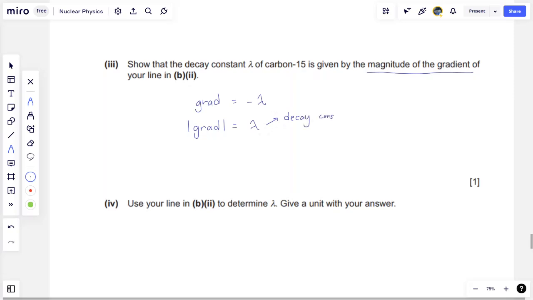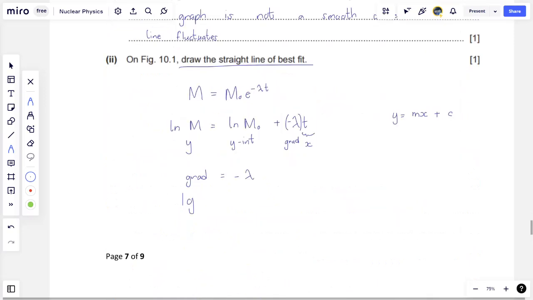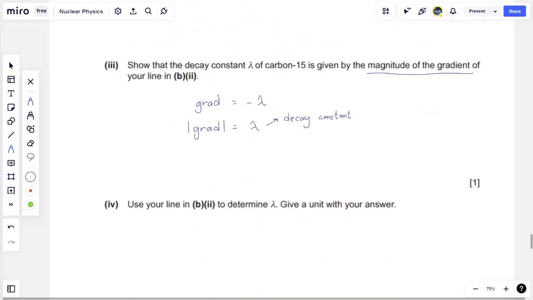So it wasn't as far-fetched as the question initially looked. There may not have been a lambda anywhere here, but I know the equation that relates the number of particles, or in this case mass, to the amount of mass remaining after time t, the decay equation. And so the gradient is minus lambda. You have to show some working, and that working takes us to the fact that the magnitude of the gradient gives us the decay constant.